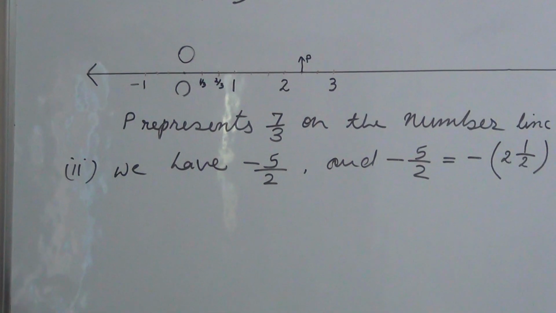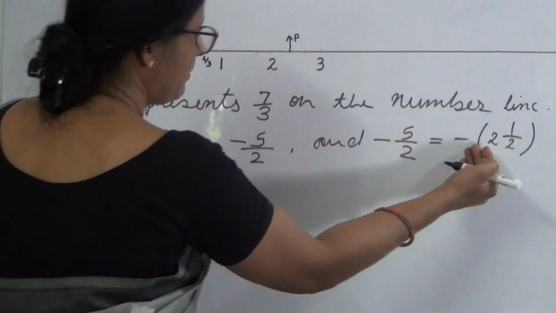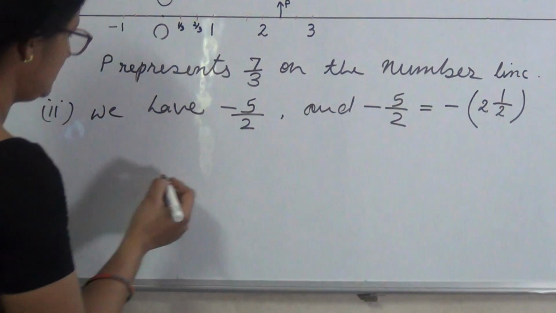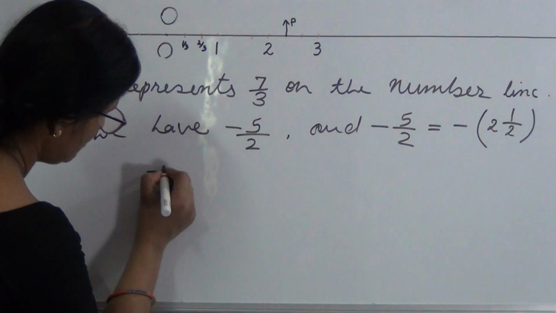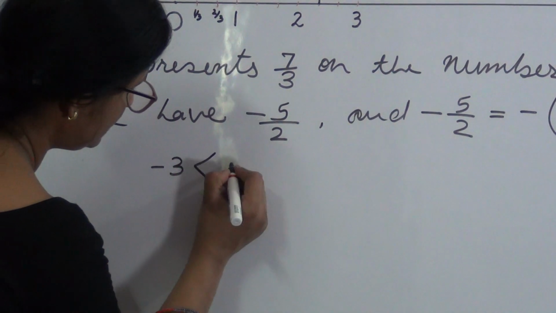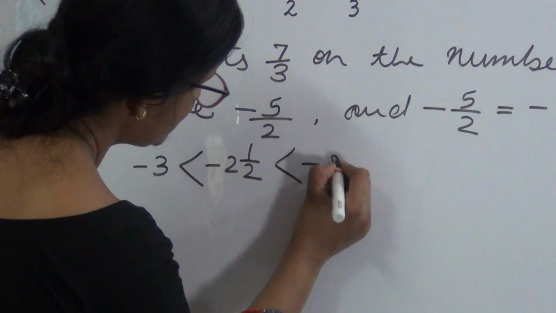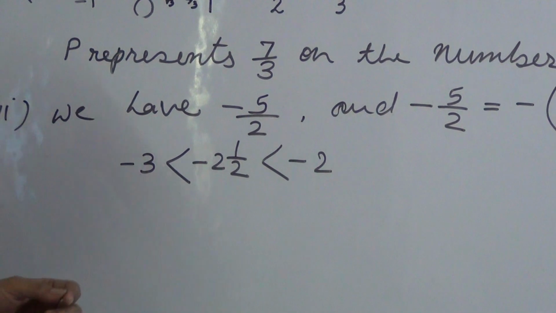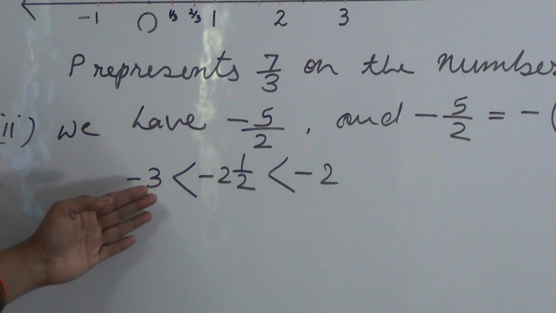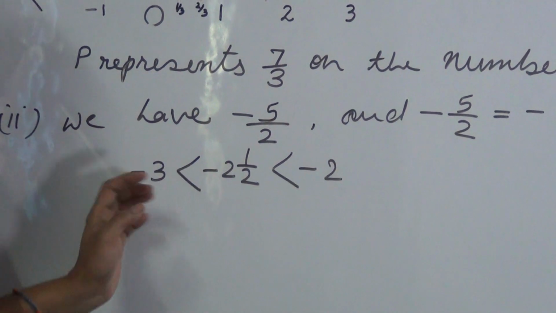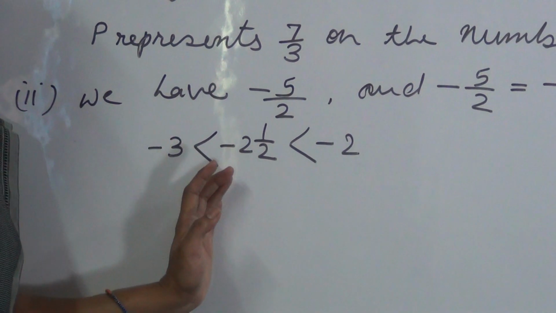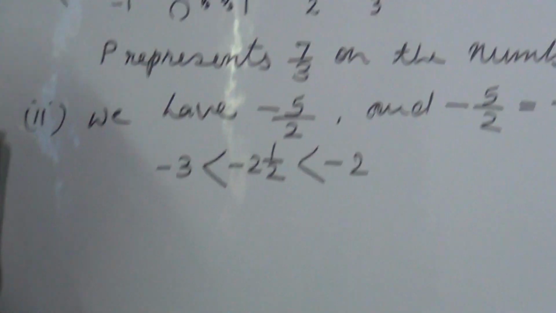Here again we see that this minus 2 whole 1 by 2 lies between -3 and -2. That is -2 whole 1 by 2 is greater than -3 and less than -2.